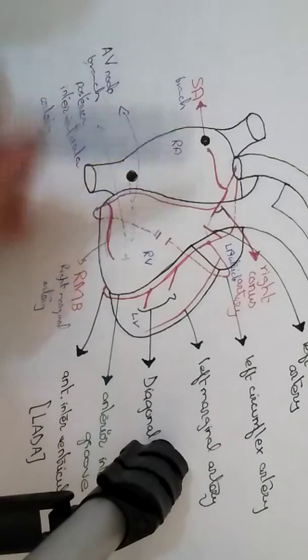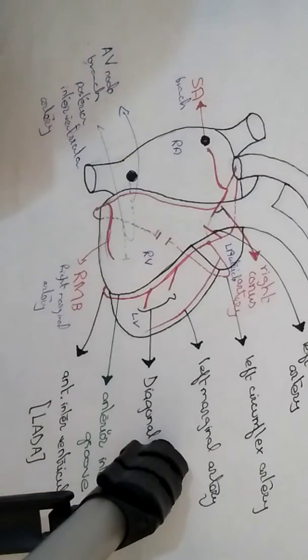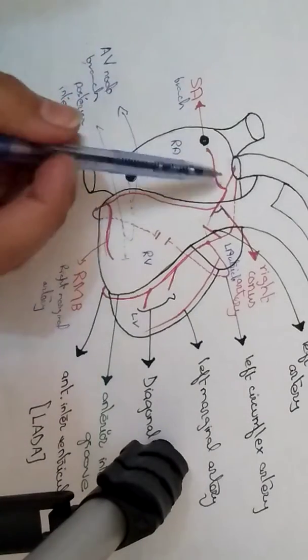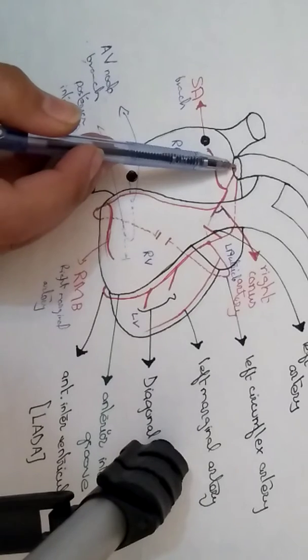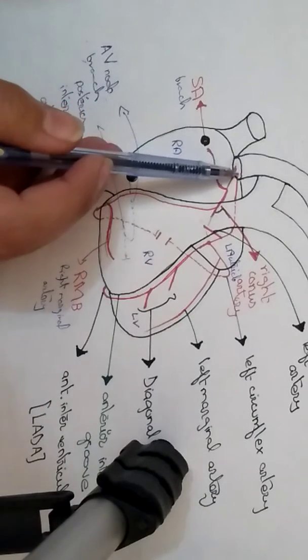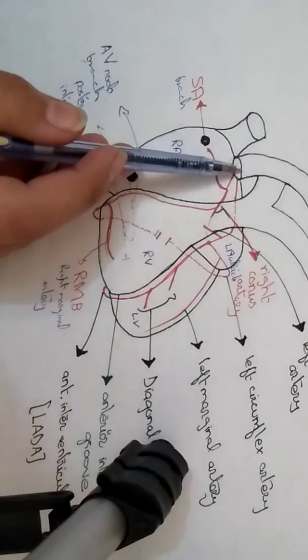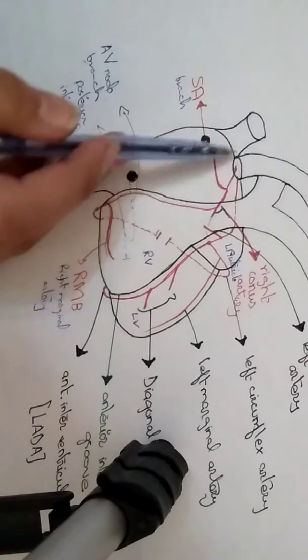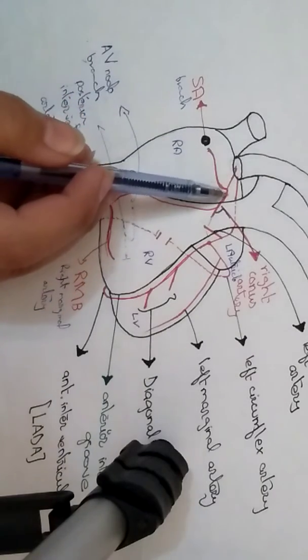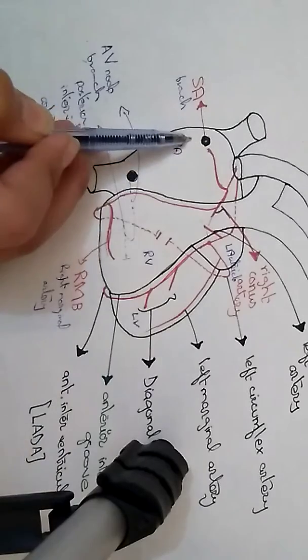Now we will talk about the branches, and from which point the right coronary artery gives each branch. When the right coronary artery arises from the anterior part of the aortic sinus, it gives its first branch to the SA node.